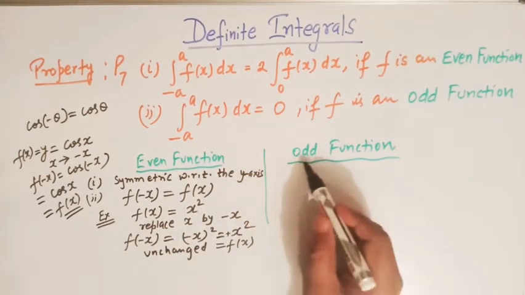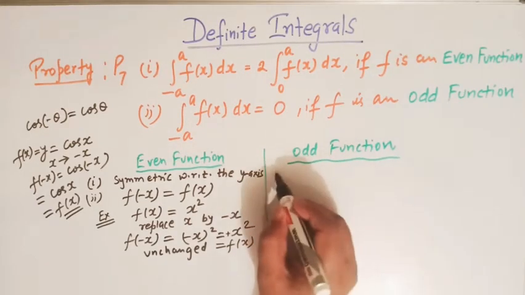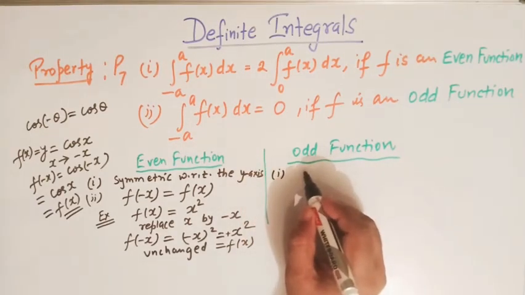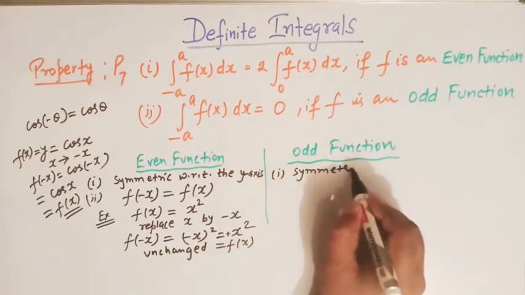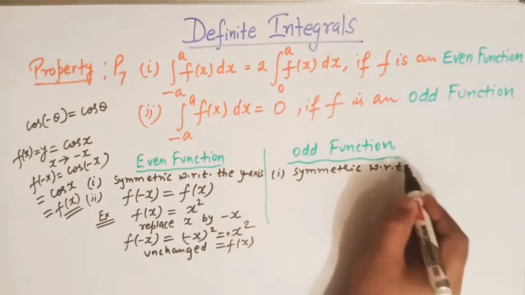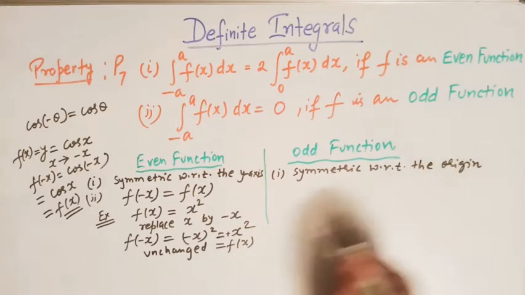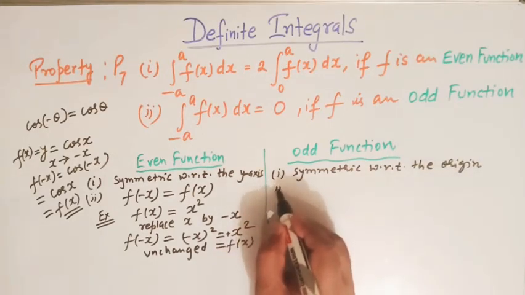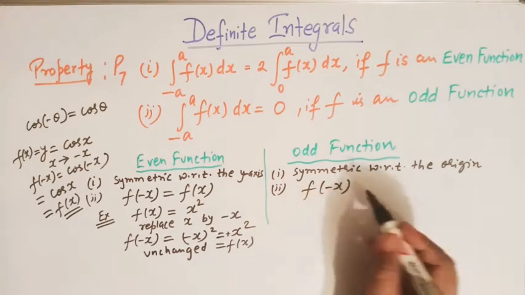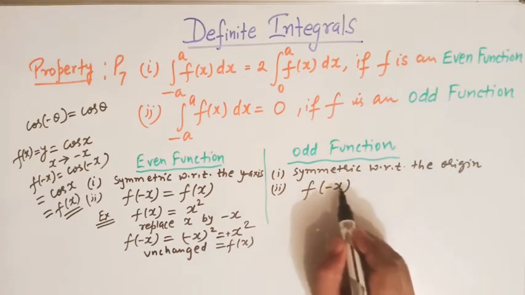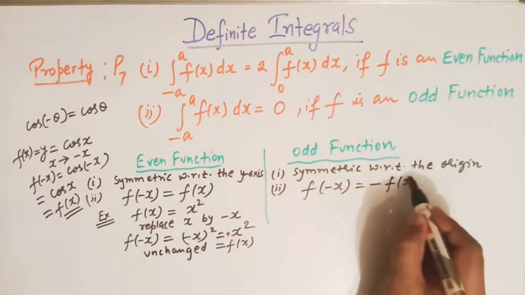Now come to the odd function. Now what is an odd function? So a function that is symmetrical with respect to the origin is called an odd function. In other words, a function is said to be odd if we replace x by minus x, it gives us minus of f of x.